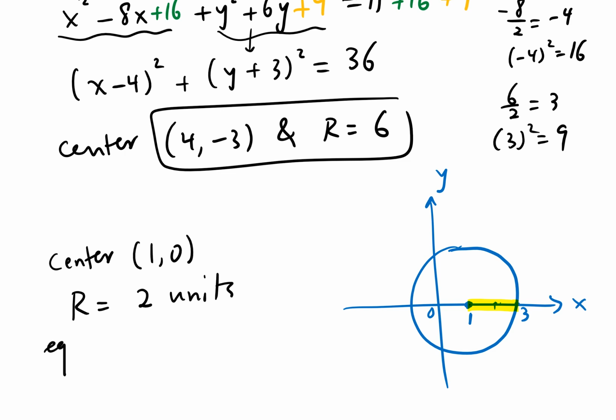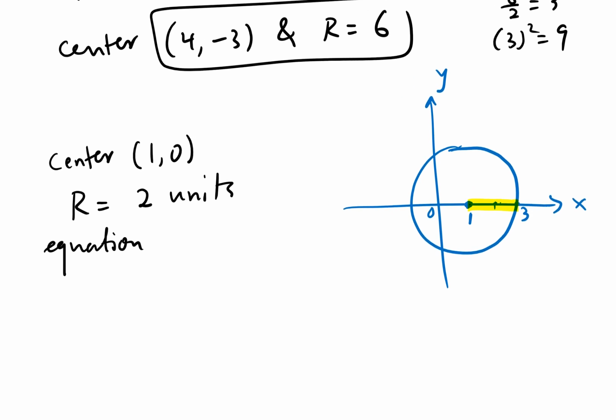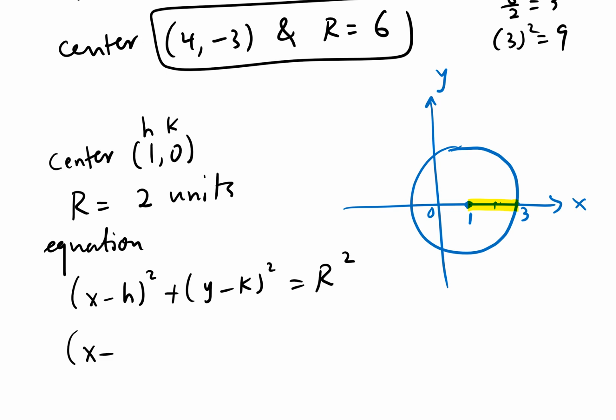Then the equation of the circle we need to find. The equation becomes, this is h, this is k, (x minus h) squared plus (y minus k) squared equals r squared. So it's (x minus 1) squared, (y minus 0) squared equals r squared.